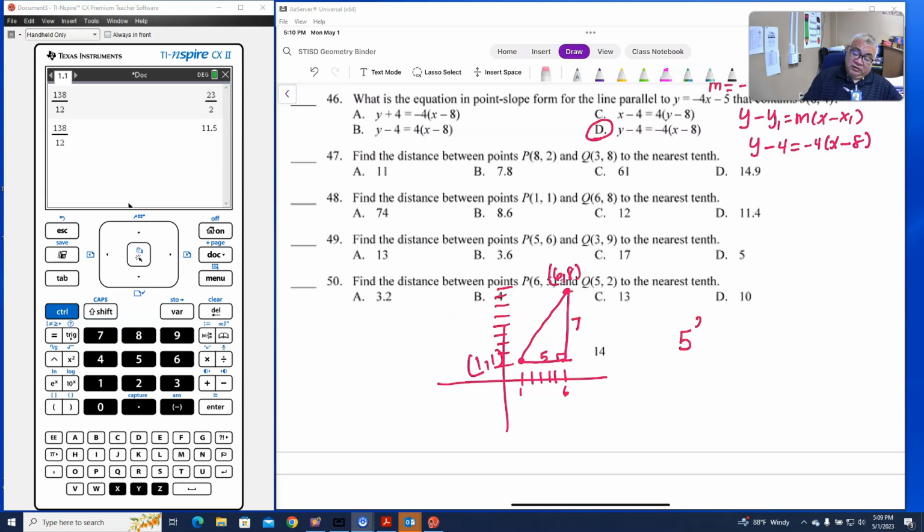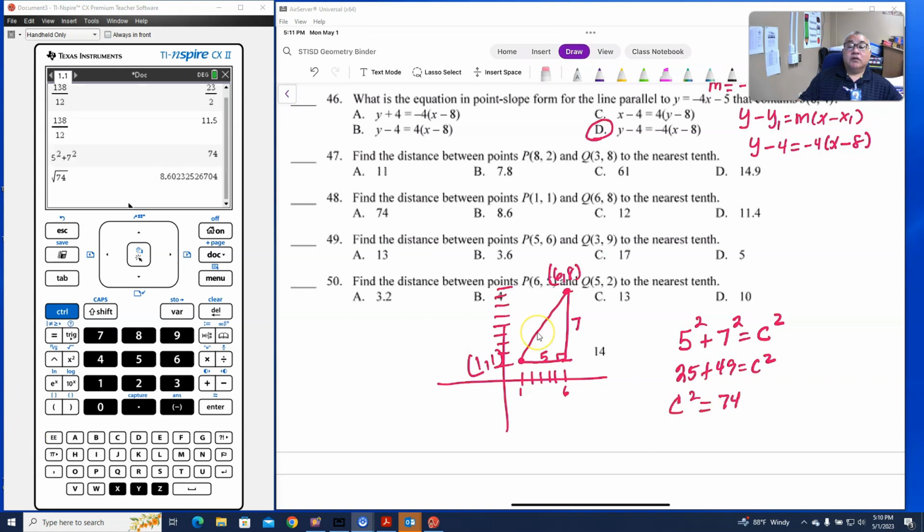So to find the hypotenuse, it's 5 squared plus 7 squared equals c squared. So it's 25 plus 49 equals c squared. C squared equals 74, so you get the square root of both sides. So that's 8.6. So the distance is 8.6. So your answer is B.